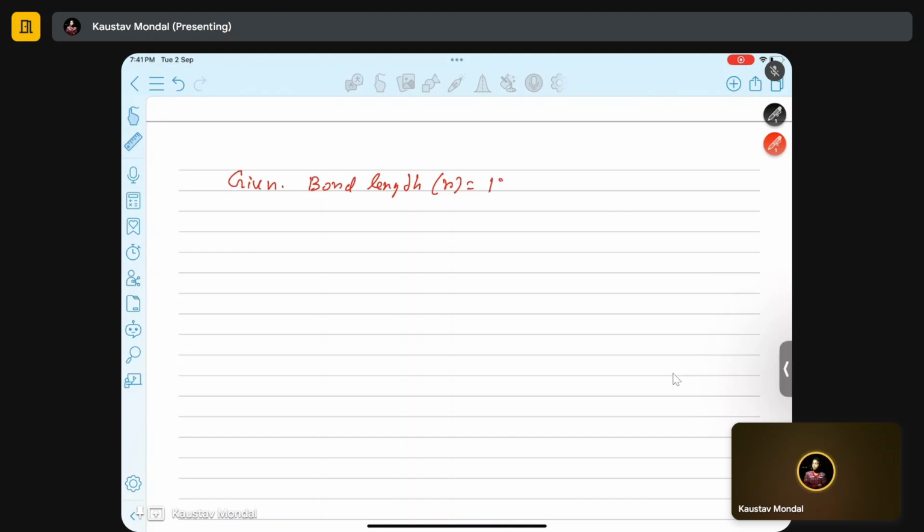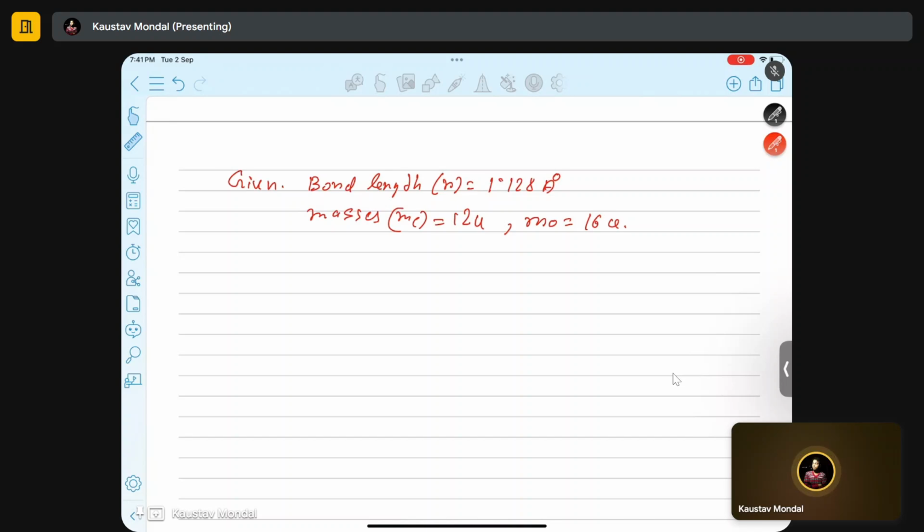The masses are also given: Mc equal to 12 u and Mo equal to 16 u, where u is the atomic mass unit.